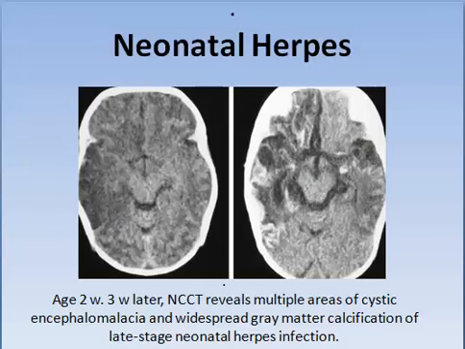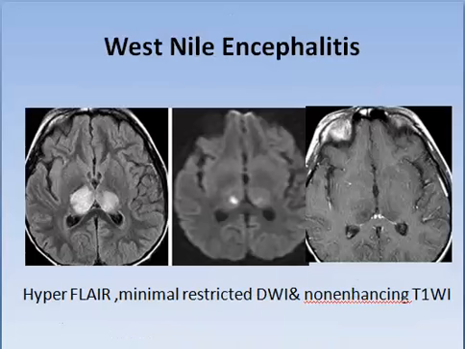This is another example of neonatal herpes, where we get the cystic encephalitis similar to type 1 herpes simplex, with cystic encephalomalacia. This is the latest stage of encephalitis.